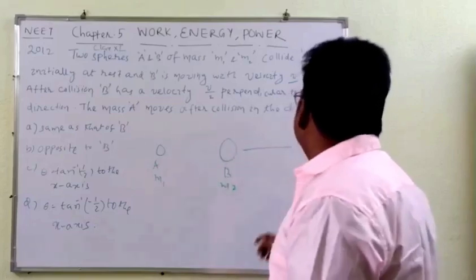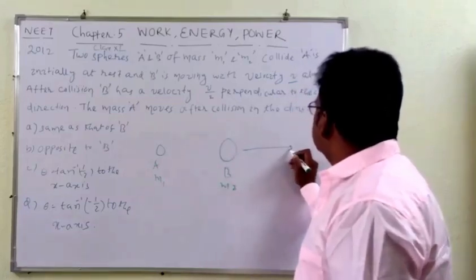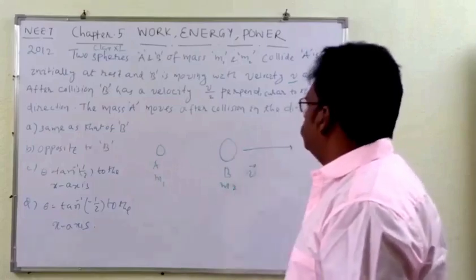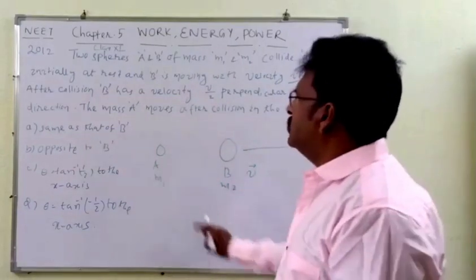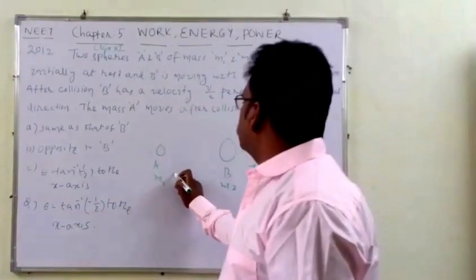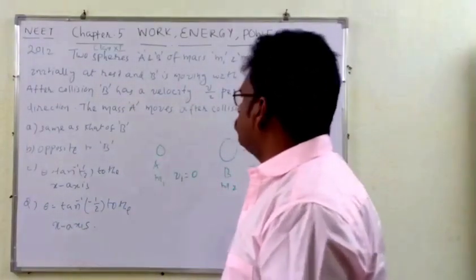Suppose this is the x-axis and this B is moving with velocity v. Okay, students, A's initial velocity, u1, is 0.